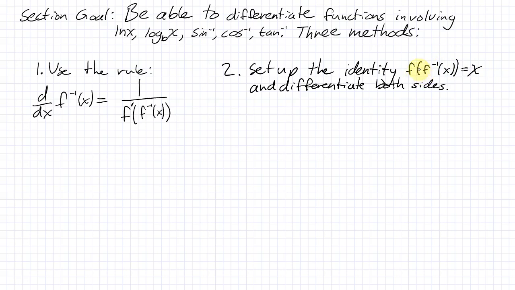It's always true if there really are inverse functions, which says that f of f inverse of x is equal to x, and then differentiate both sides. You'll need to use the chain rule to get the derivative of that f inverse out.